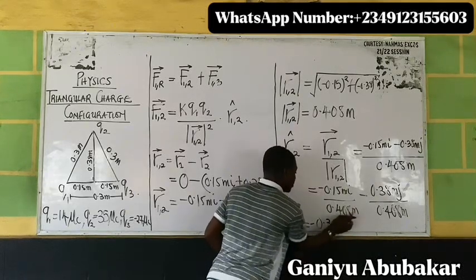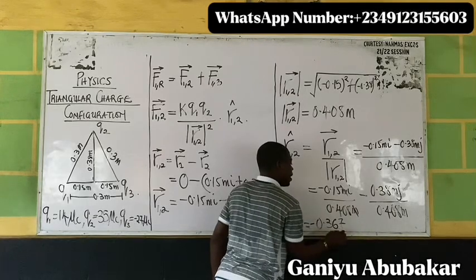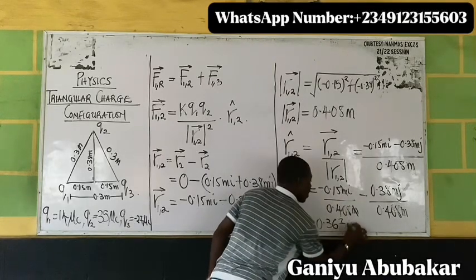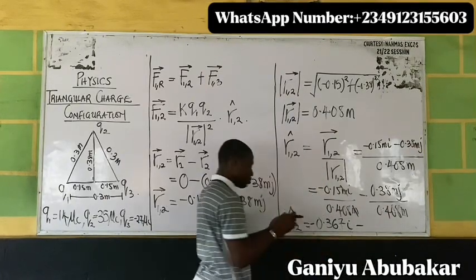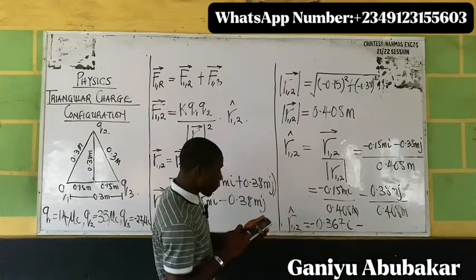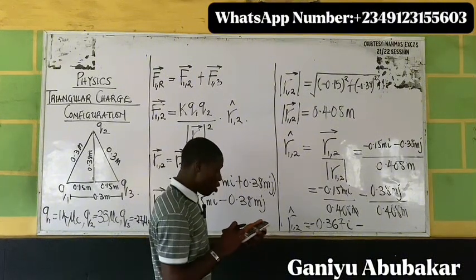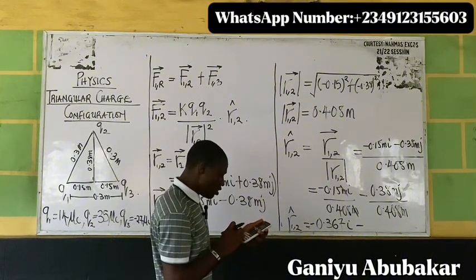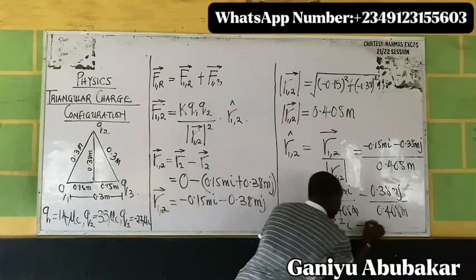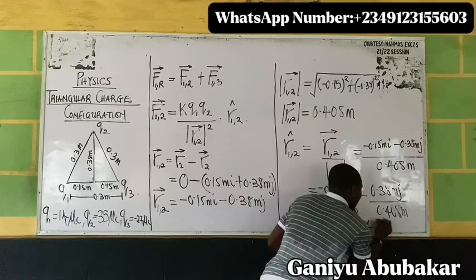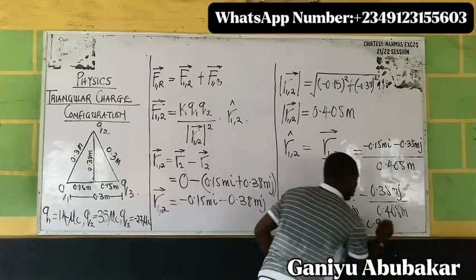Now meter will cancel meter, so I have i left. Then minus 0.38 divided by 0.408, and I have the value to be 0.931.